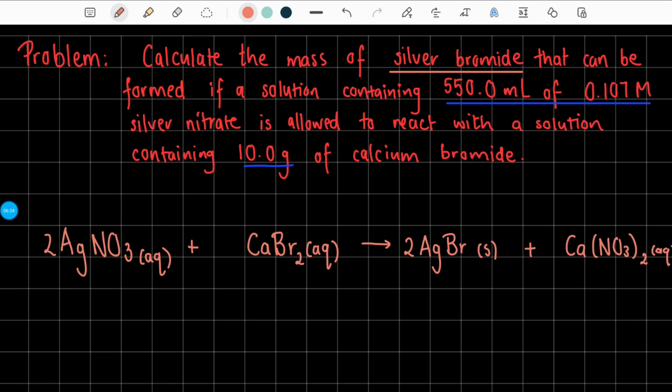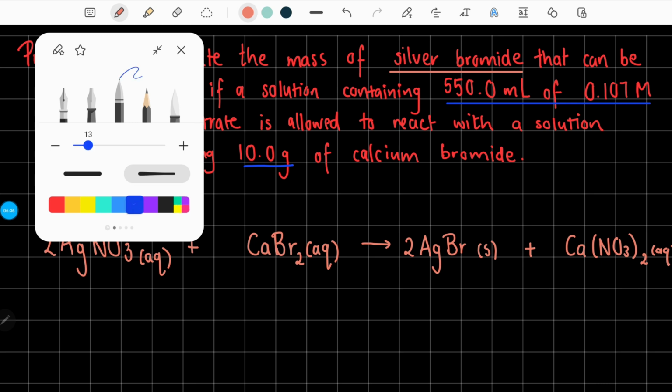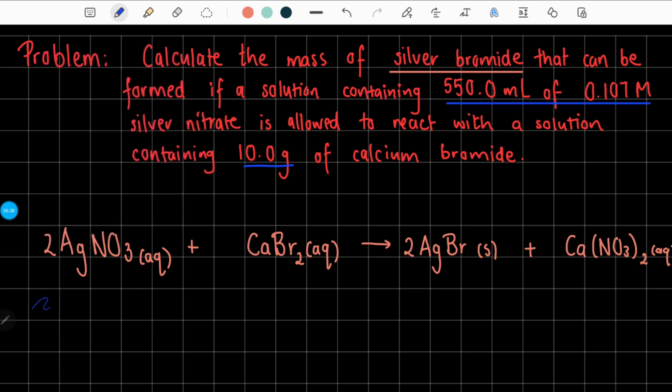The next step is to determine how many moles of each of your reactants do you actually have. Okay, so I'm going to label this as the amount of reactants we have.